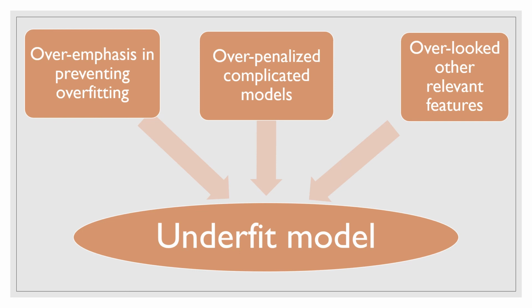When we try to prevent overfitting to the point that we are overly cautious, when we try to prevent having an overly complicated model to the point that we are being too careful, because of that, we included too few relevant features or variables in our model, or we overlook certain relevant variables or features in our model. All these things can lead to an underfit model.